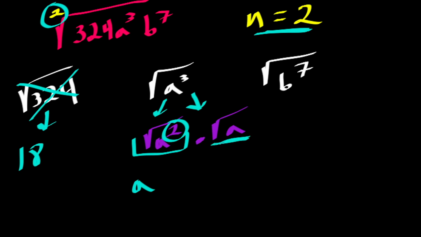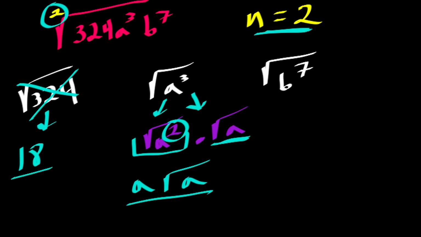But the square root of this a can't be broken down any further, because if I have a to the first power, there's no way to rewrite that so that it's somehow a to the second power. It's just not going to be efficient, so I wouldn't even worry about it. So now, here's what we have on the outside.